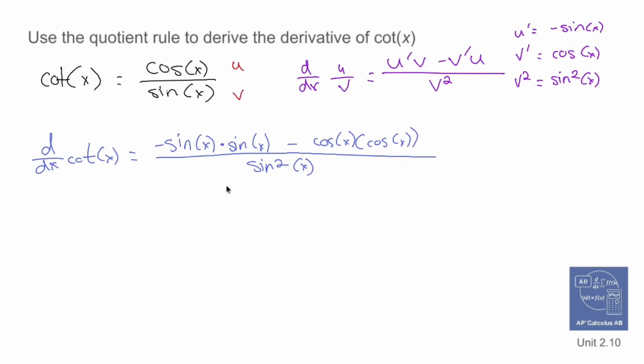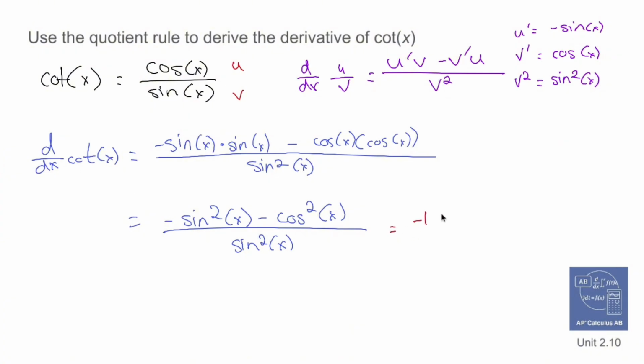Now, negative sine times regular sine is negative sine squared x, minus cosine times cosine is cos squared x, all over sine squared x. Now what I'm going to do is factor out a negative 1 on the top. And I'm going to be left with sine squared x plus cos squared x. Now why in the blazes would I do that?